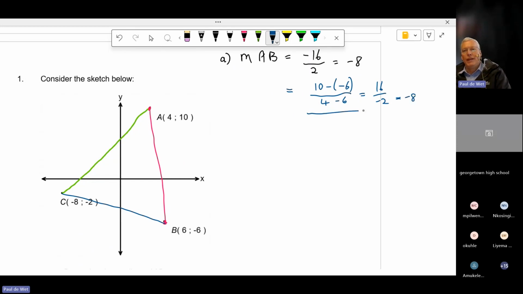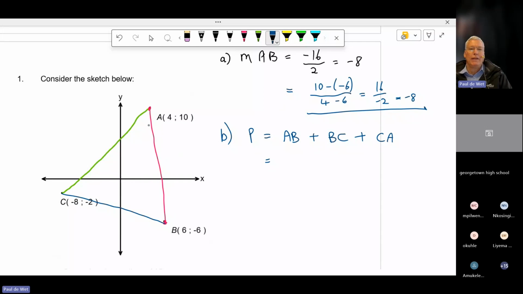All right. The next question asks us to find the perimeter of this triangle ABC. The perimeter means all the way around the outside. So what formula am I going to need to use? My distance formula. So the perimeter is going to be AB plus BC plus AC or CA.